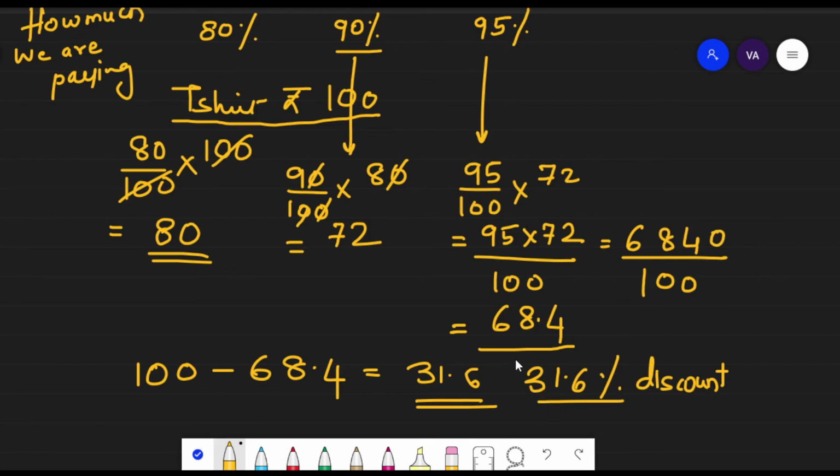This is an overall discount we are getting for a t-shirt. Okay, so this is how we have completed almost 8 questions on increase, decrease, discounts, percentage.